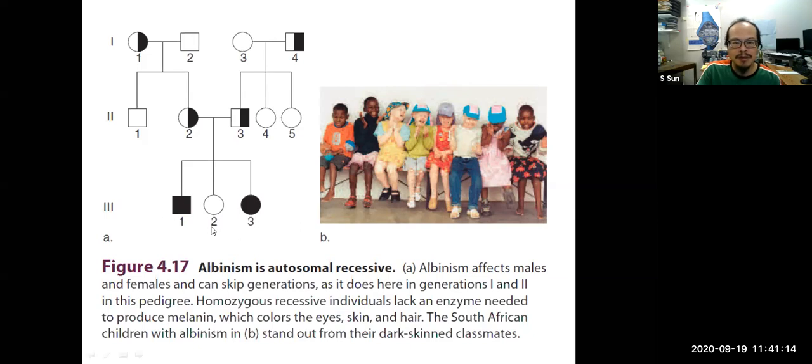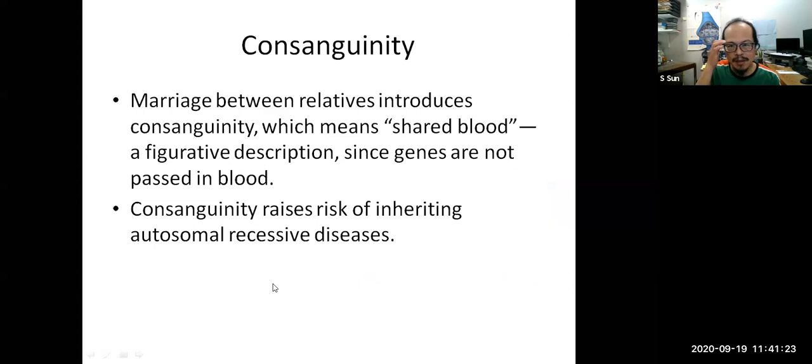So this is the pedigree chart, and the term to describe marriage between relatives is called consanguinity.